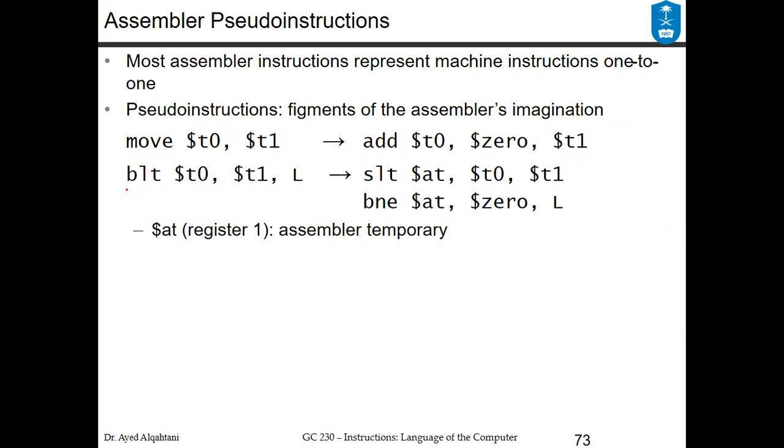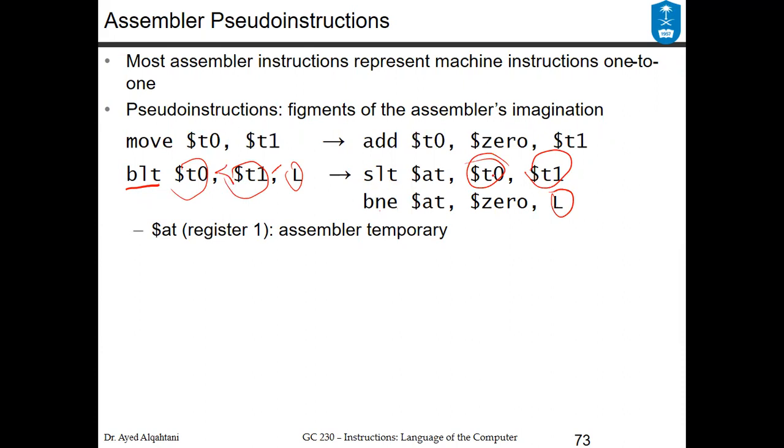Similarly for the BLT, which is a branch if less than. This is the set less than followed by branch not equal. You could rewrite this as you can see here. You take T1 and T0, and you will branch if the relation between those two is less than.